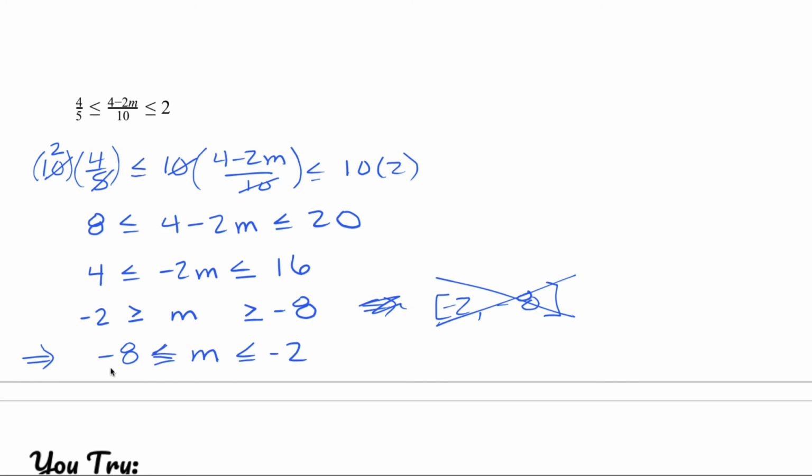This is how we want to see it because we naturally think left to right, smallest to greatest, number line. That's just kind of our standard way of thinking. And then it directly translates into the interval negative 8 to negative 2 using brackets because it could be equal to. And to be thorough, we would want to check something inside this region, maybe negative 5, and something outside, 0. That would be what you would want to check.